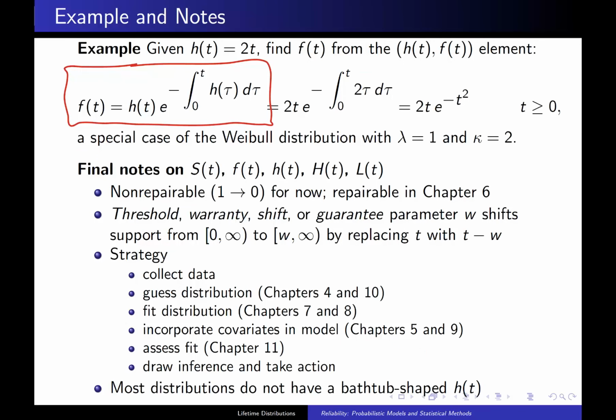And h of t in this case is 2t, so our h of t goes right here as 2t, and then h of tau goes right here, and that's 2 tau. The integral of 2 tau is tau squared. When you plug in the limits, you get negative t squared in the exponent, and here is the probability density function of a random variable with h of t being 2t.